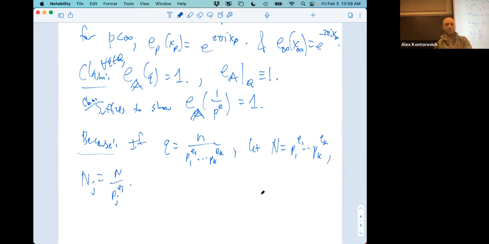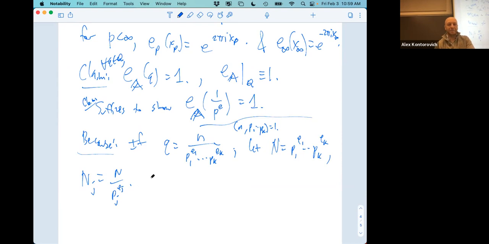Right, the n in the numerator, does it have different lines? Yes, with n being, and it's co-prime? Yeah, in lowest terms. Okay. And p1 through pk are co-prime. So let this be the denominator. Capital N is the denominator. N_j are n over p_j to the e_j.